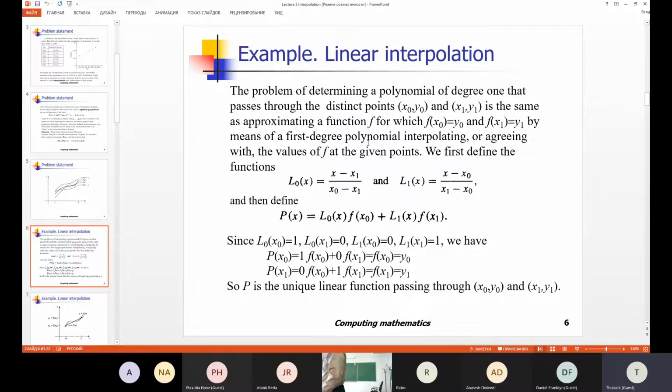How to find the value of this term at the point x0? Substitute x0 as x. You should use x0 as the value of x to compute the value of these two terms.